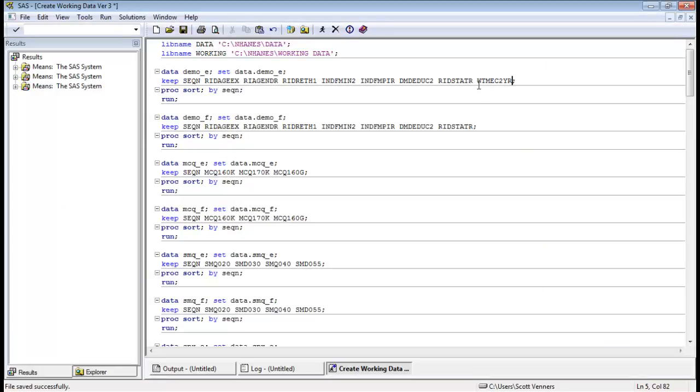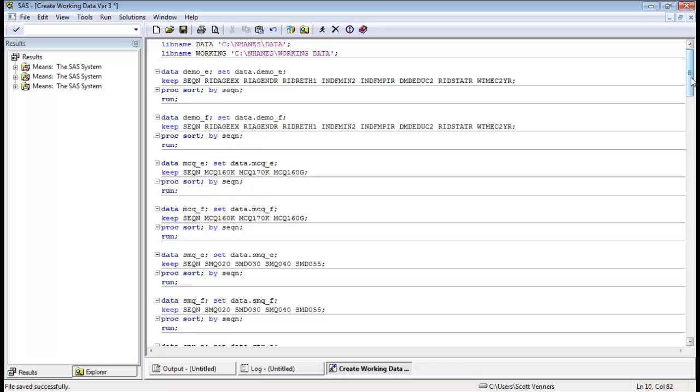It's from demographics, it's in both cycles, so I have to put it in both places. And so this should bring in all the variables that I need. Now, if you are using a subsample, for example, the fasting subsample or maybe the urinary environmental contaminant subsample, you should grab the weight variable out of the data set that corresponds to those data.